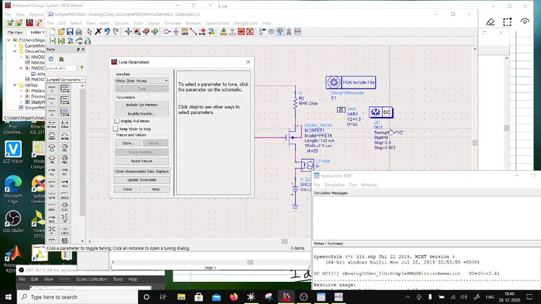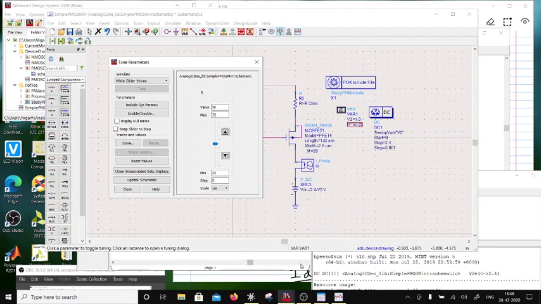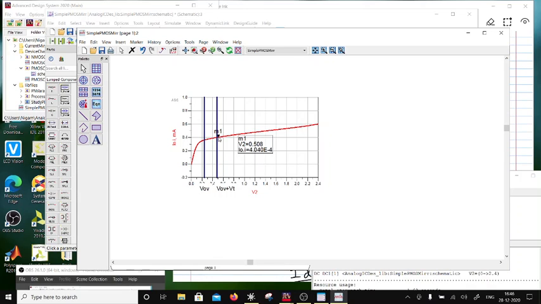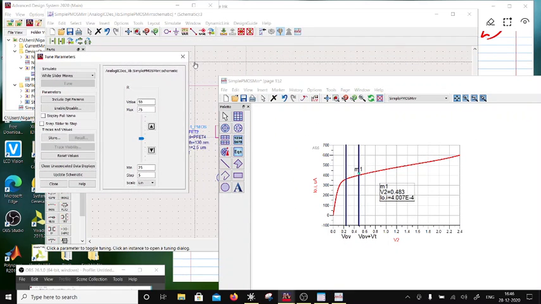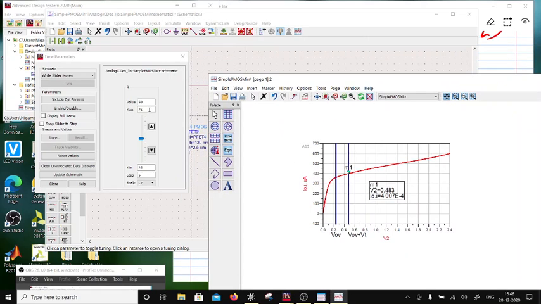Okay, so I'm going to choose this R as a value. Now if I go here into the data display window, of course this value will go down. So now we are not talking about 500, we are talking about 400. But what you are going to observe is, if I sweep this R to, let's say, 5,000, you see what happens to the slope.